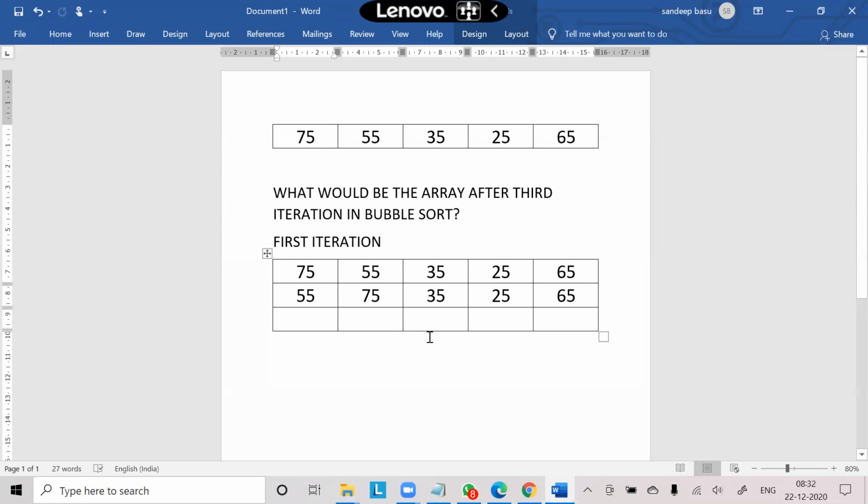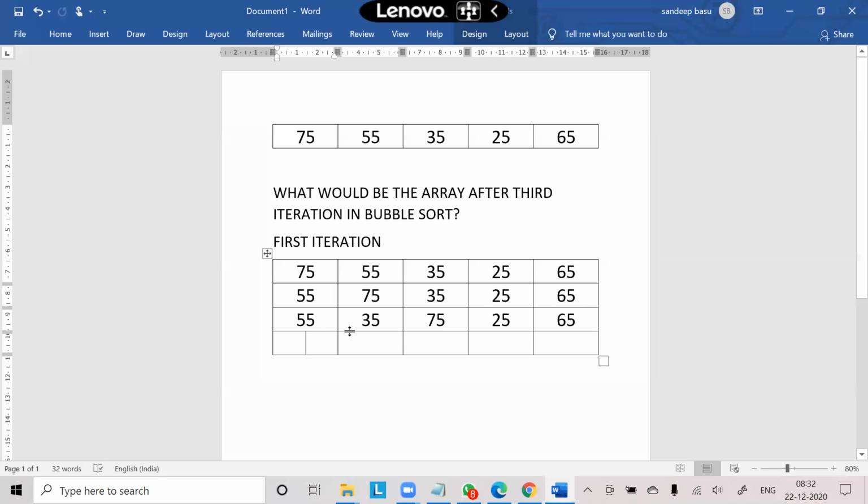So please understand what I'm trying to do. 55, 35, sorry, 35, 75, 25, 65.